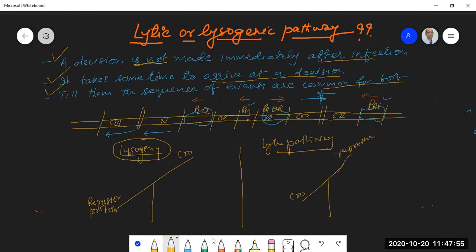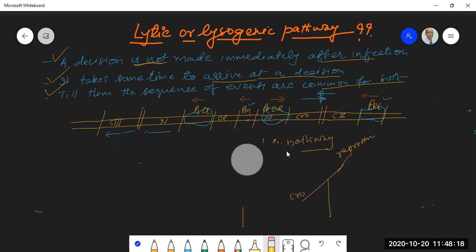So you can understand, yesterday also I told you, I'm repeating this thing. It comes down finally to these two proteins, CRO and repressor. If repressor has the upper hand, lysogeny will follow, and if CRO has an upper hand, lytic pathway will follow. All right. So finally, I'm concluding here.